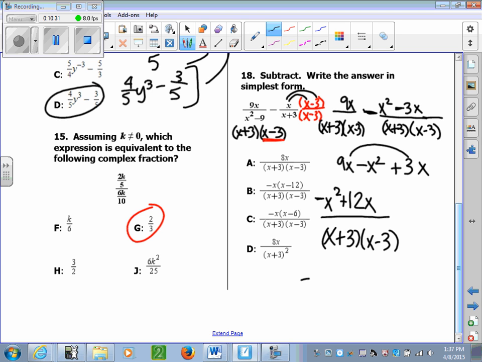So I'm going to pull out a negative x. They both have an x in common, and I know I need to get that negative out front. So that leaves me with an x plus a 12 over x plus 3, x minus 3. Alright, so now I can see that my answer is B.